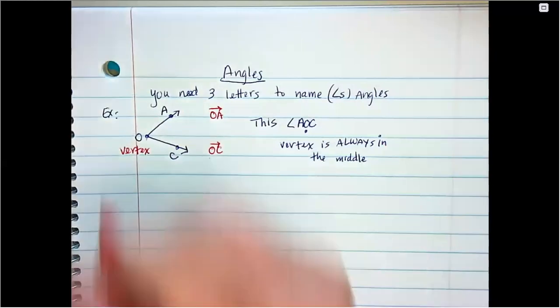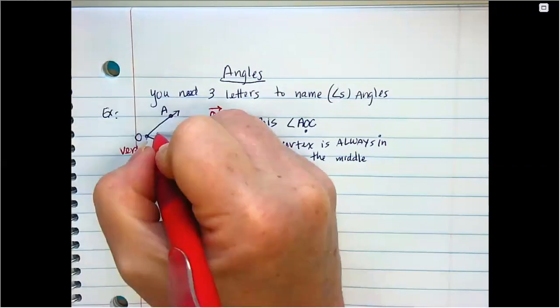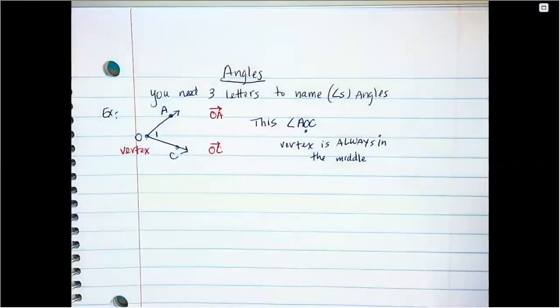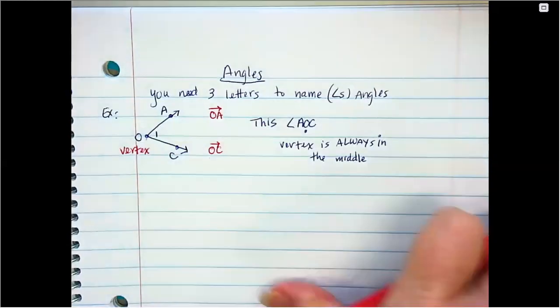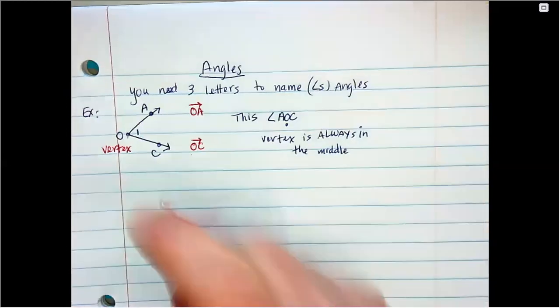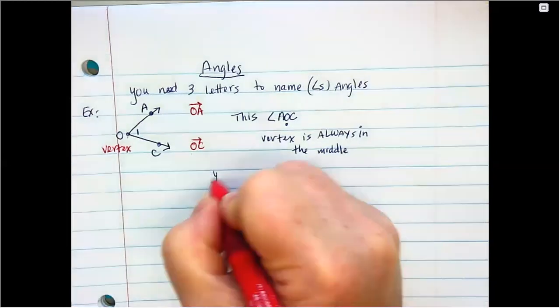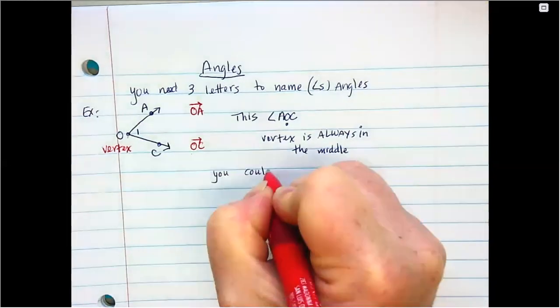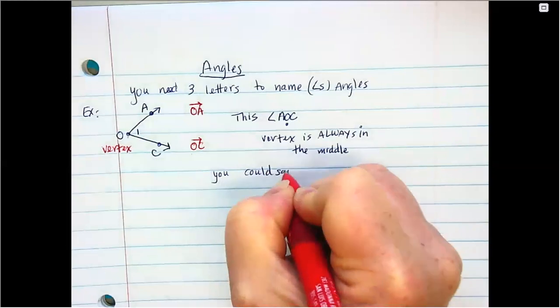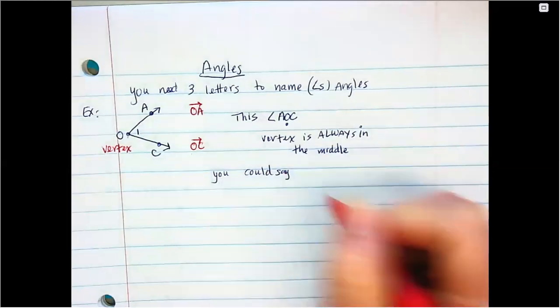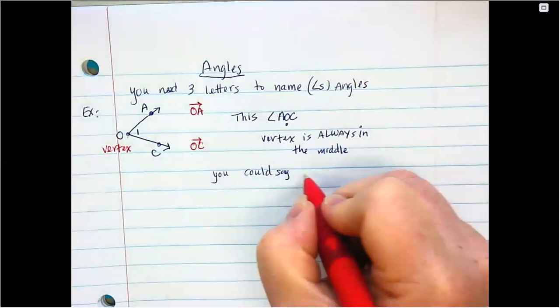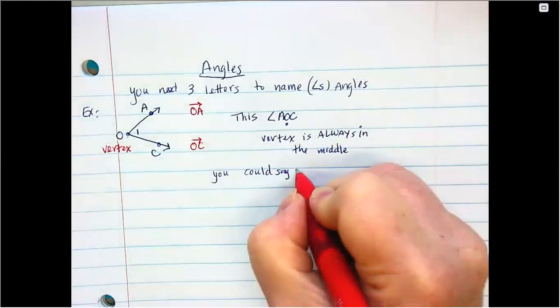So inside your angle, go ahead and put the number 1, because sometimes they assign an angle number to it. There are 3 different ways we could reference this angle. We could say that this is angle AOC. That's what we said in the first place.